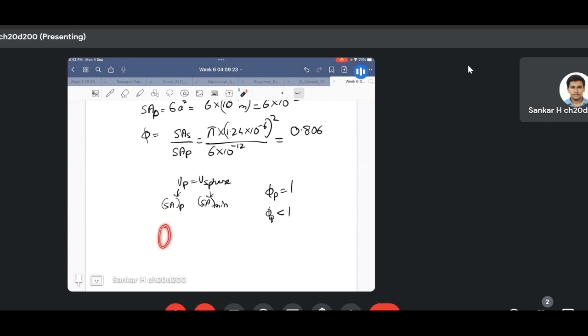It even works for shapes such as a dumbbell-like shape, which is not at all spherical. So this is how the sphericity works, but I'm sure this was pretty much covered in class as well.